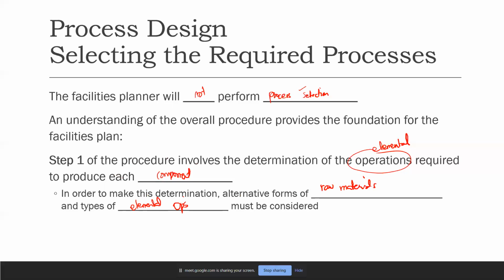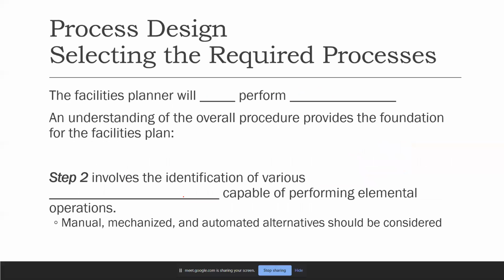Okay? And then once you're able to know kung ano yung mga alternative raw materials and elemental operations, the next one is involving the identification of various equipment types na gagamitin. How can you perform that elemental operation?